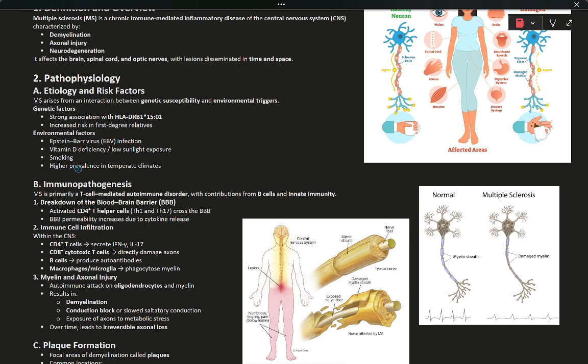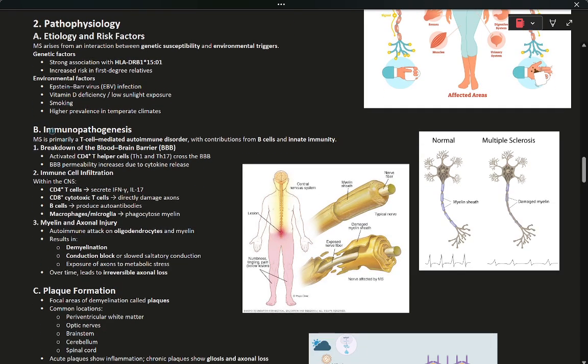And there's actually higher prevalence of multiple sclerosis cases in temperate climates. So basically, the further away you are from the equator, the more likely you'll be susceptible to multiple sclerosis. It's a very interesting observation that an epidemiologist made.